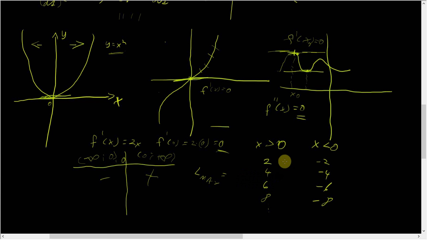So what can we find out from this? Really we don't have a maximum, because if we plug in values into our function, like let's say 1, we get 1. If we plug in 2, then we get 4. So our function is still getting larger, so this cannot be a local maximum. And if we plug in negative values, our function is still getting larger.